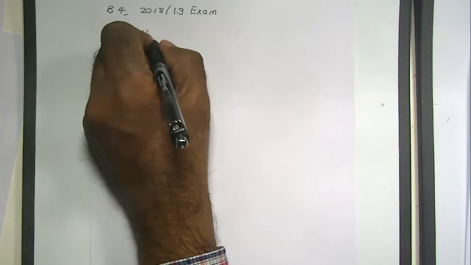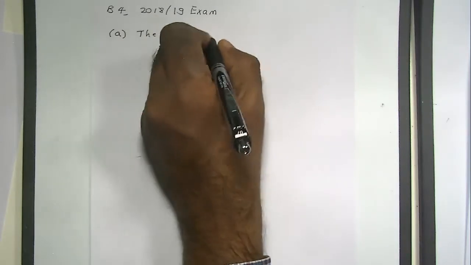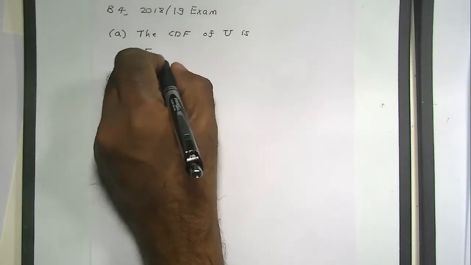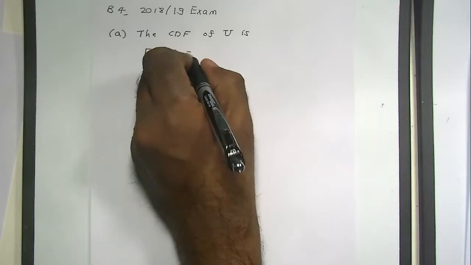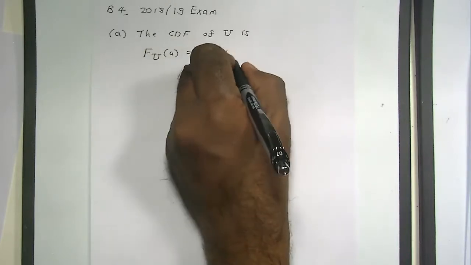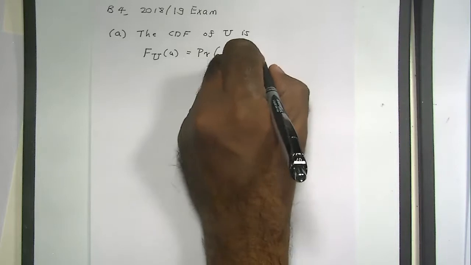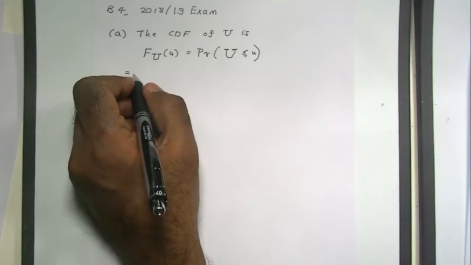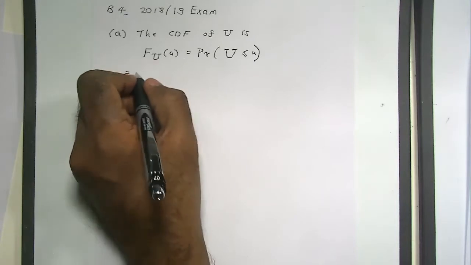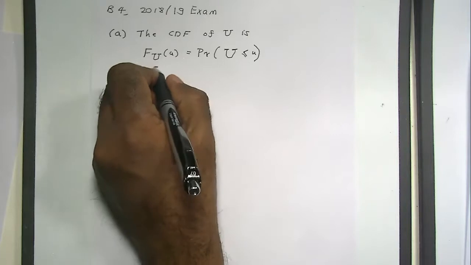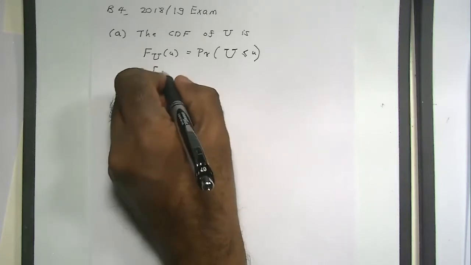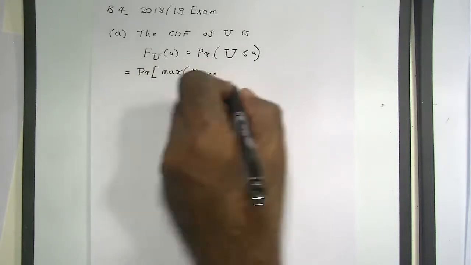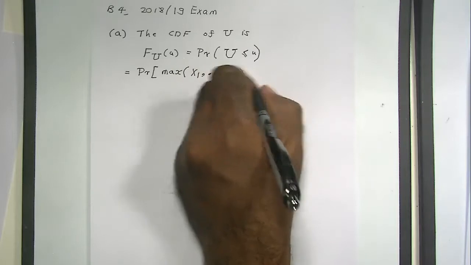So the CDF is the probability that the maximum of x1 to xk is less than or equal to u.